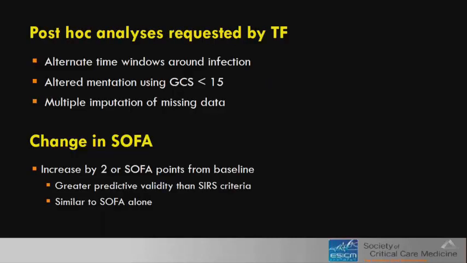Then we did all sorts of sensitivity analysis, changing the time window around the infection, changing the Glasgow Coma scale of assessment of altered mentation. We did all sorts of sensitivity analysis with imputation of data, and we found that there was some significant robustness around these variables.